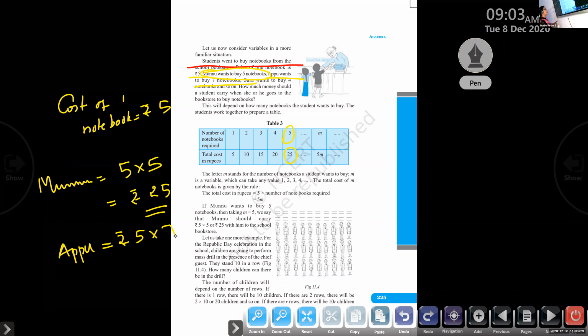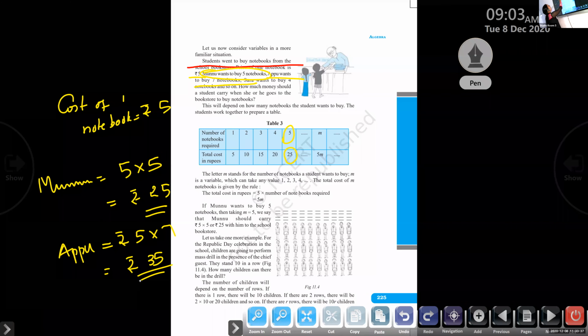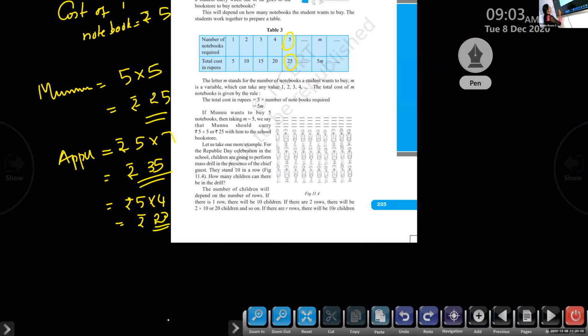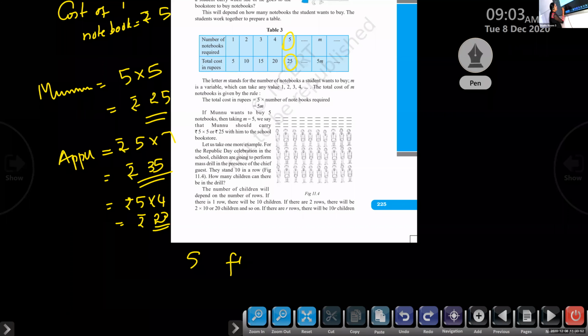The cost of one notebook is a fixed value. So it is rupees 35. Again, one more child: Sarah wants to buy 4 notebooks. So rupees 5 into 4, rupees 20. So which value is fixed there? 5 is fixed.